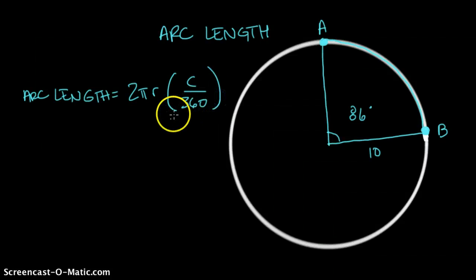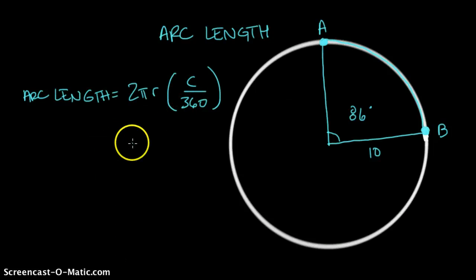Arc length, which we can just write AL if you want to, is 2 times pi times r multiplied by central angle divided by 360. I kept on calling it the circumference. This is 2 times pi times r times central angle over 360.